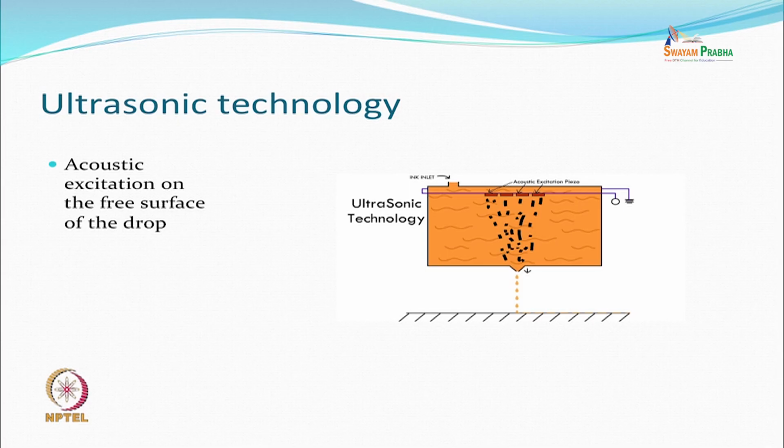So instead of a bubble creating the pressure wave, you have sensors which can generate ultrasonic waves, and so the pressure can be put on the top of the liquid surface and then this can come.